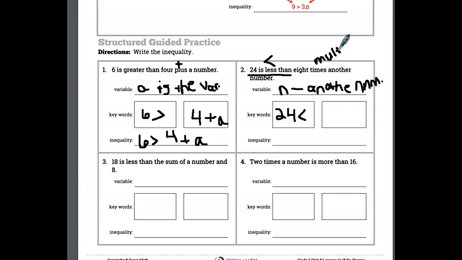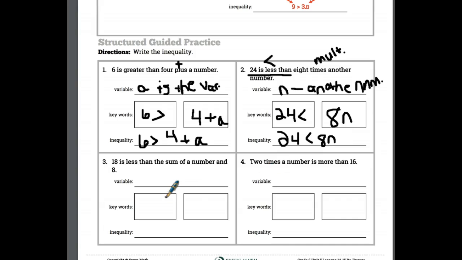So make sure you make that note on yours. Multiply. And I'm going to multiply by the variable that I have. So I'm going to have 8 times n. And my inequality, 24, is less than 8 times n.